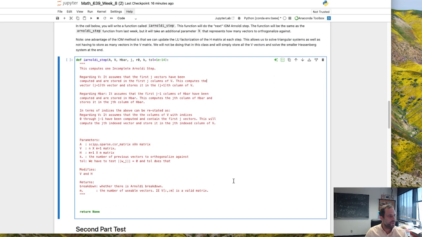Okay, so what we're going to do here is just an incomplete Arnoldi step, and it's going to take this parameter k here. Like I mentioned, it's very simple. We can basically just copy and paste exactly what we had last time, and then just modify it a little bit.